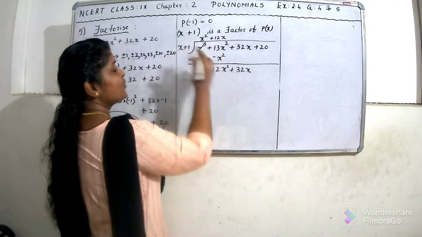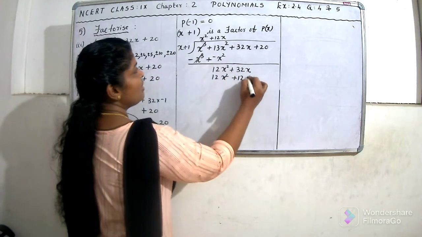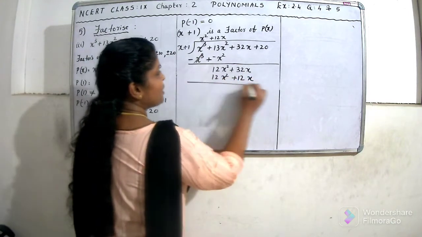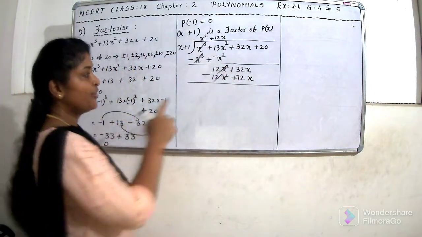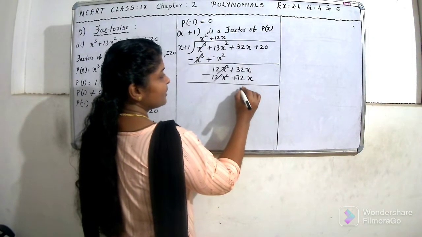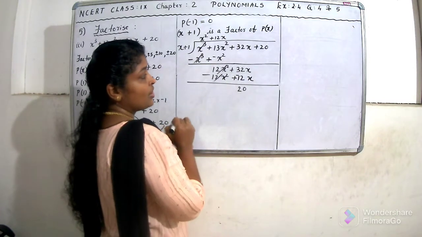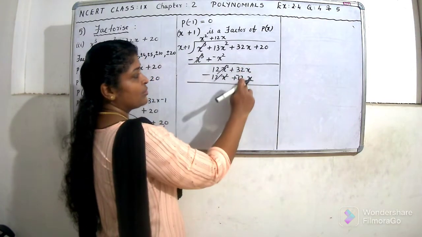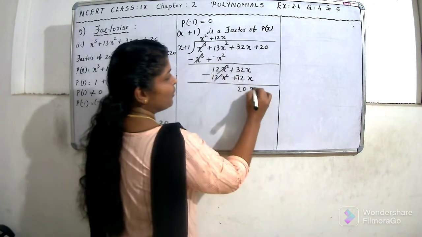So 12x into x, that is 12x square plus 12x. Subtraction, signs are changing, elimination. Now when we are subtracting, here we will get 20x: 32 minus 12, that is 20x.